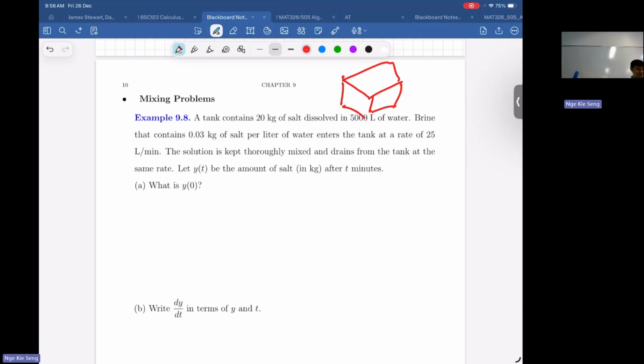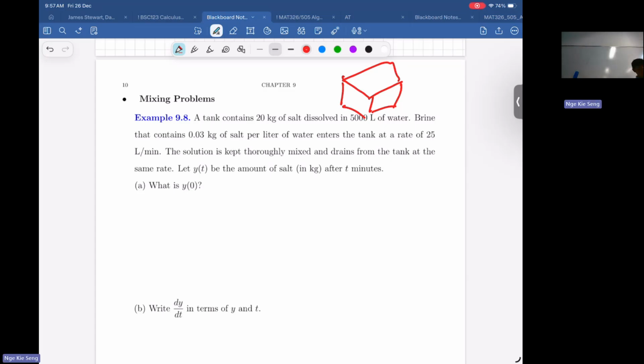So what does this mean here? Your water containing the salt enters with a rate, and it assumes that this 0.03 salt will dissolve and mix properly with the original salt, then drain out again.